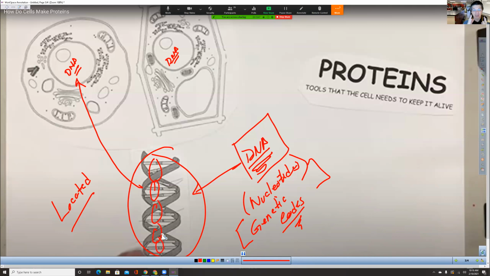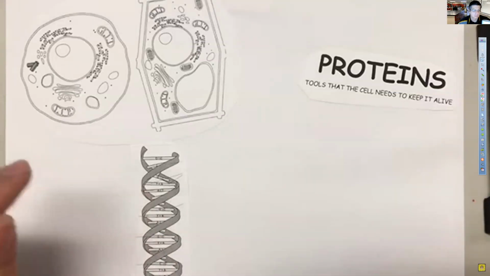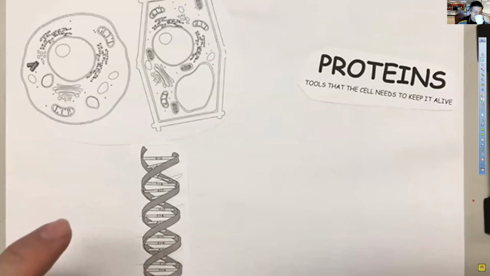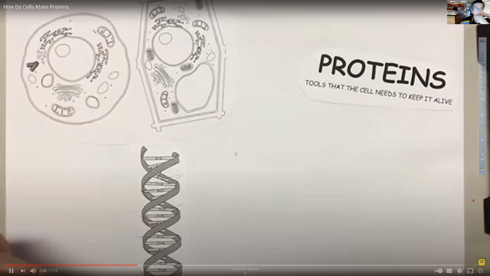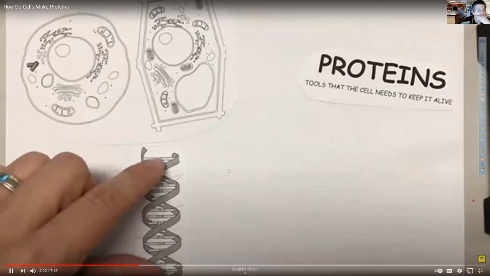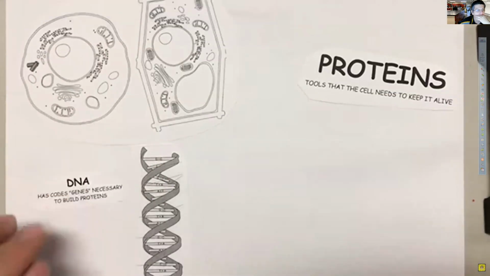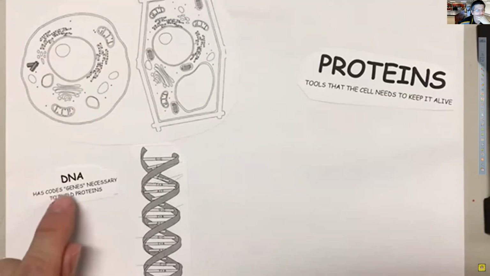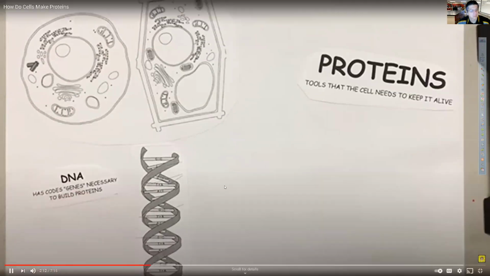Now that we have an idea of this situation, where did this DNA come from? From its parents, from the other cells. In our case, our parents gave us our DNA, and that's the DNA inside our cells. Cells need DNA because DNA has all the codes necessary to build the proteins.